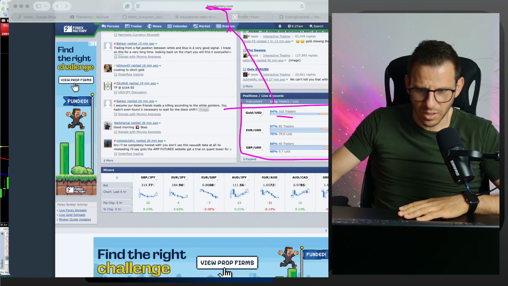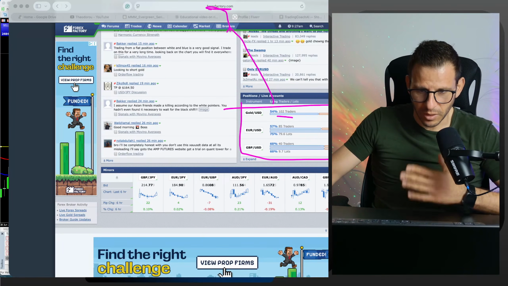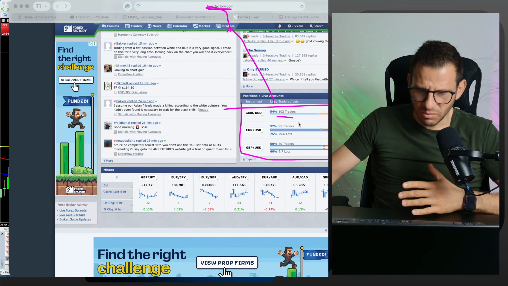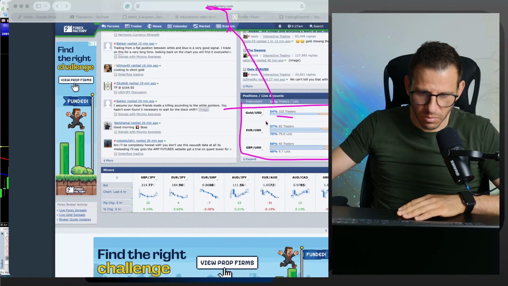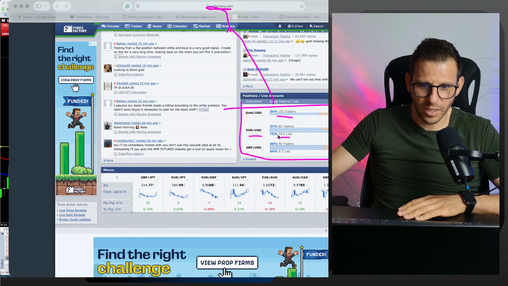That doesn't reflect the actual market. It reflects some minority. Here it shows 79.6 lots on the euro US dollar are traded on the buy side, and only 26.9 lots on the sell side.